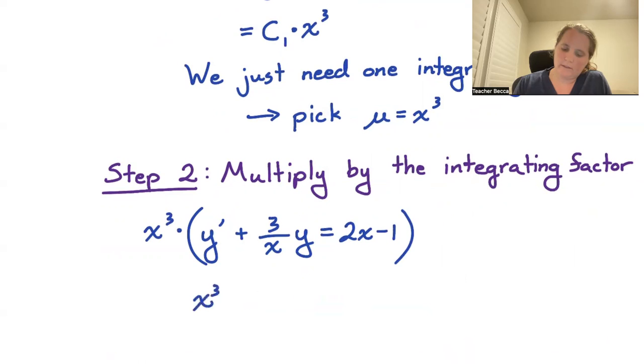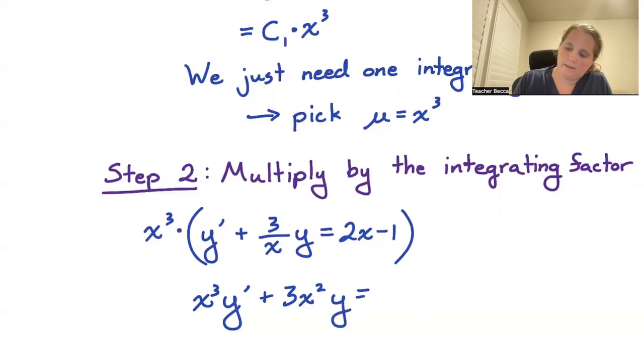So we have x cubed times y prime plus 3 over x, x cubed times 3 over x would be 3x squared times y is equal to, I'm actually going to write this part here as x cubed times 2x minus 1.